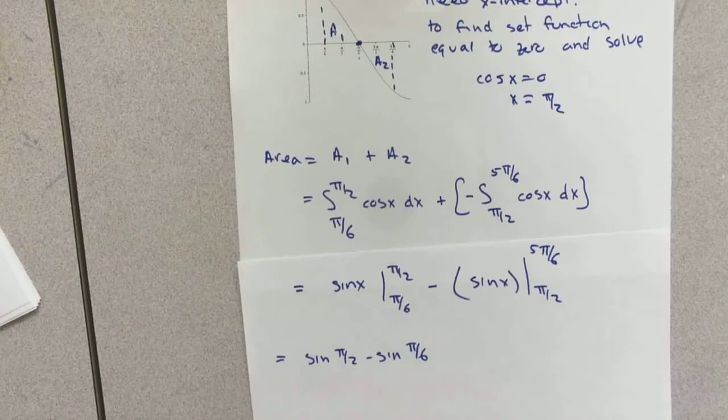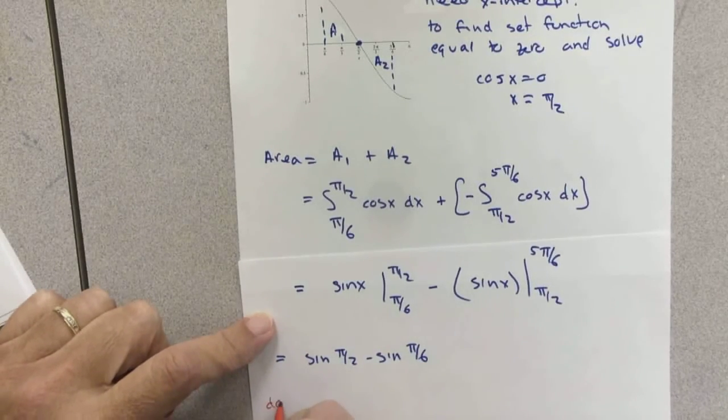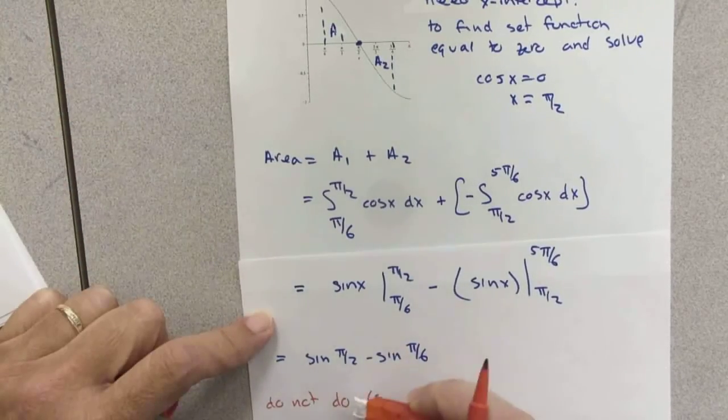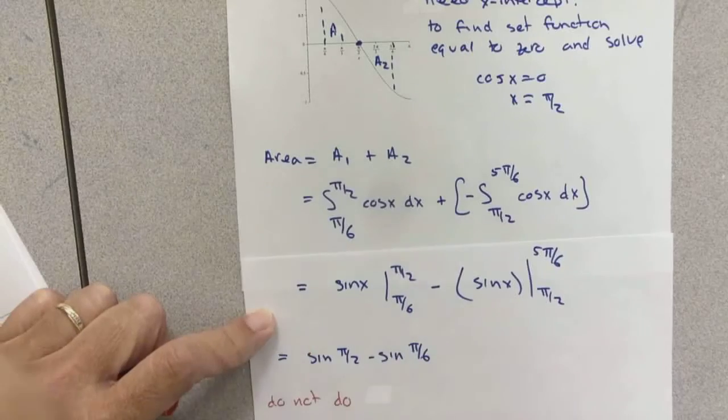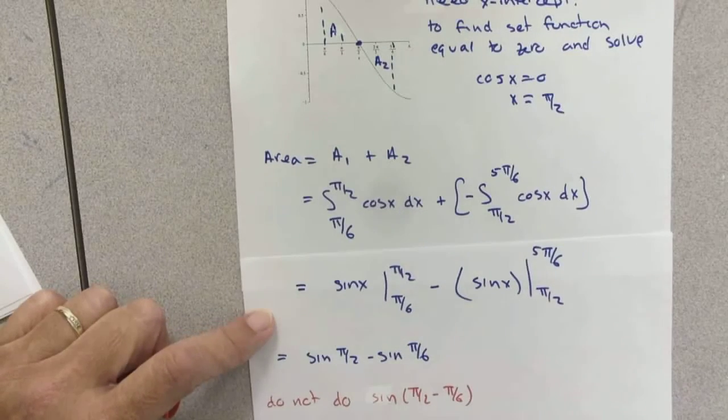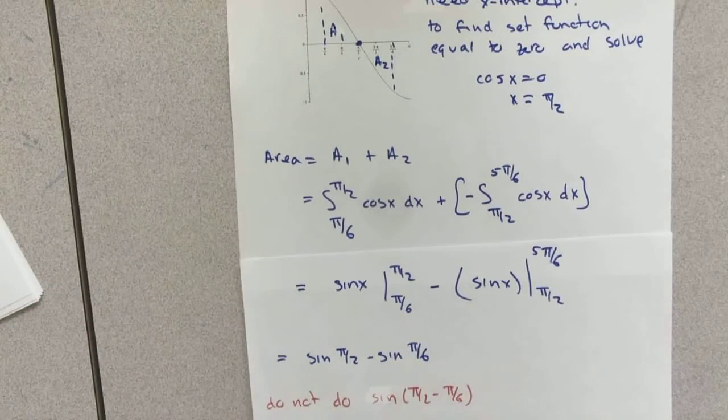Note this is not, do not do sine of pi over 2 minus pi over 6. That's a relatively common mistake, that people just plug both things into the function at once.